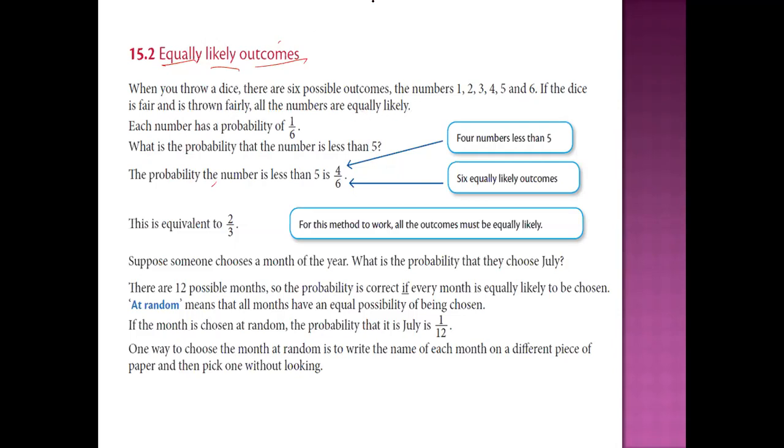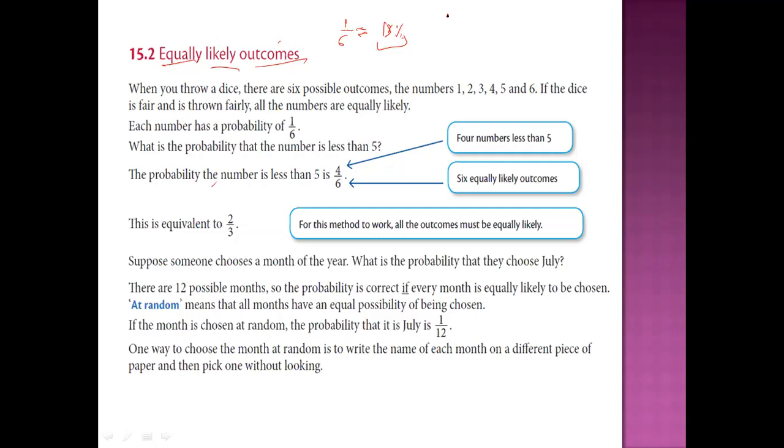For example, when you throw the dice, the probability is 1 over 6, or in percentage form, how many percent? You can calculate with your calculators. It's nearest to 18%.